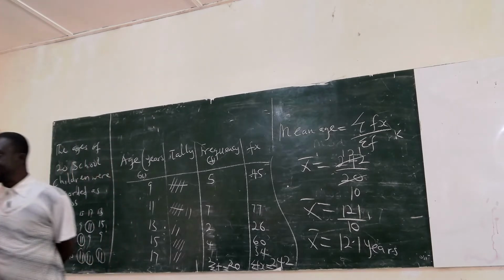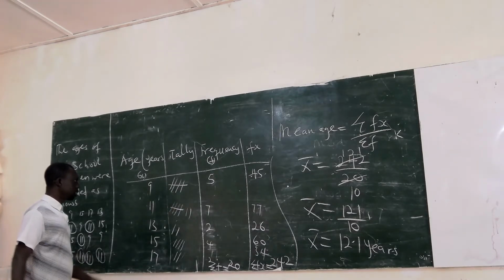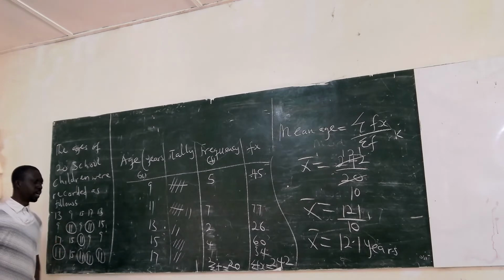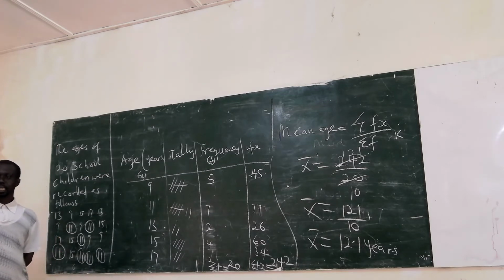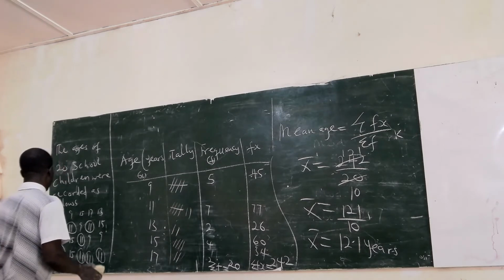What is the modal age? Modal age is the age which has the highest number of frequency. The modal age is 11 years.